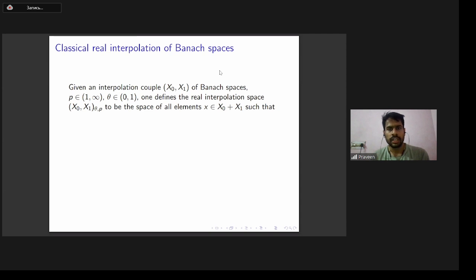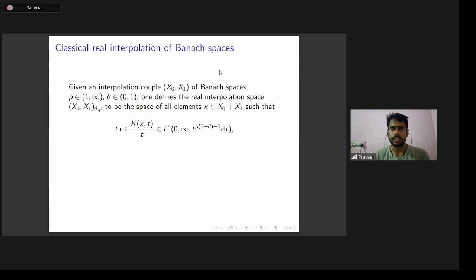The real interpolation space is just the set of all elements x of the sum space X0 plus X1 such that the map t goes to K(x,t) upon t lies in the weighted Lp space, that is, Lp(0, infinity) with the weight t^(p(1 minus theta) minus 1) dt.